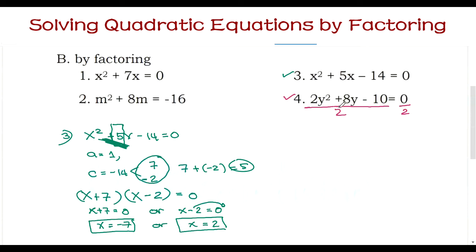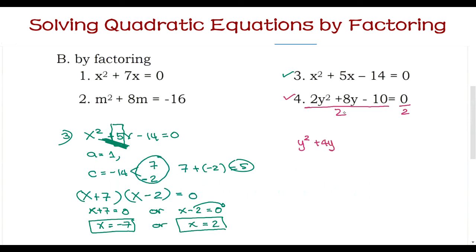2y squared divided by 2. Nakita nyo, magka-cancel out yung 2. So, meron na lang tayong y squared. Okay? Next, 8y. Ito, 8y divided by 2 magiging plus 4y. Yeah?